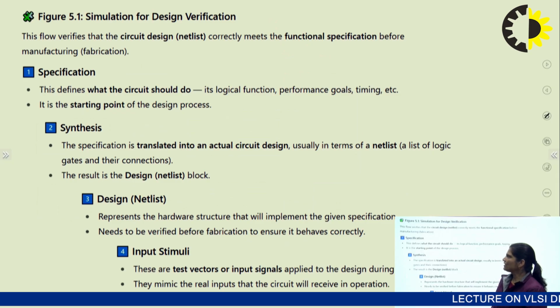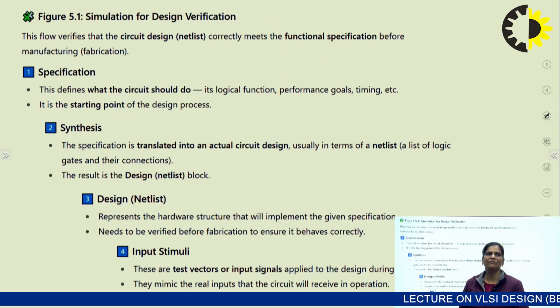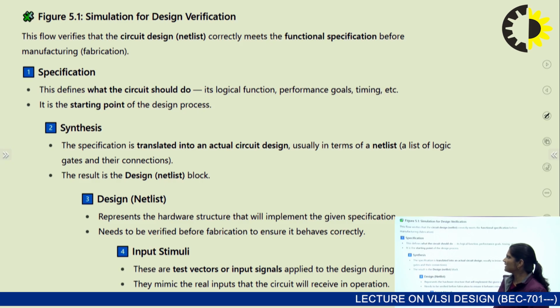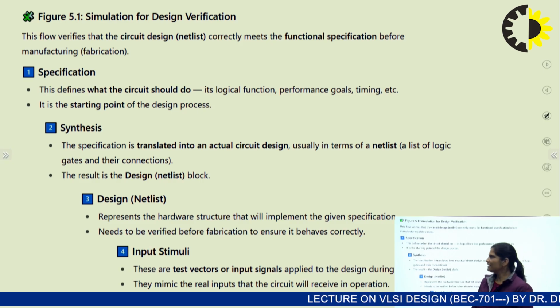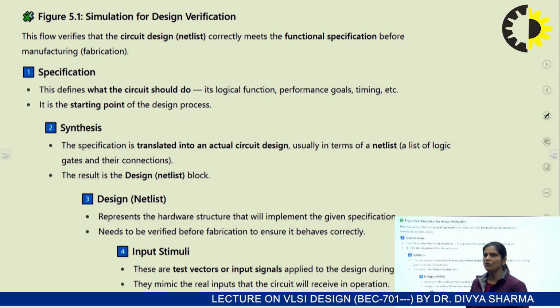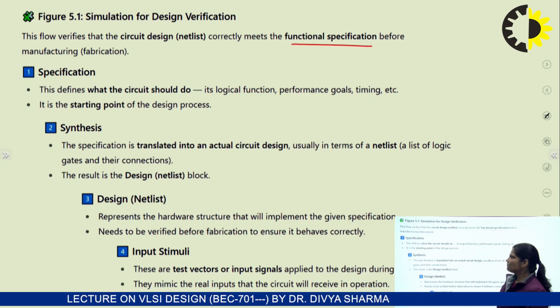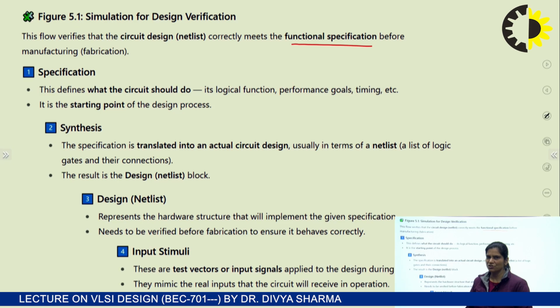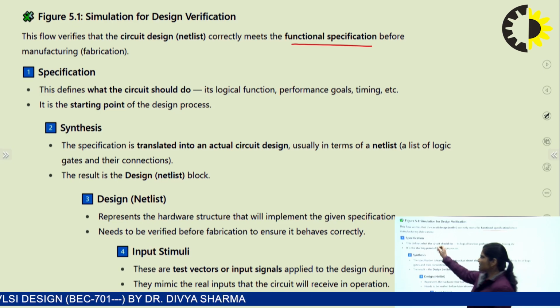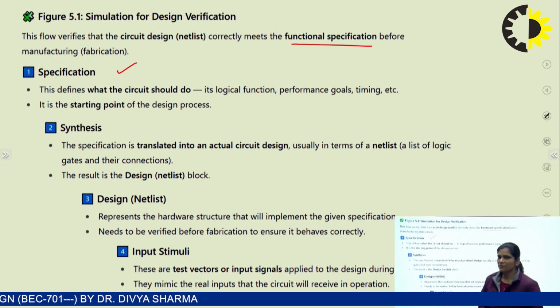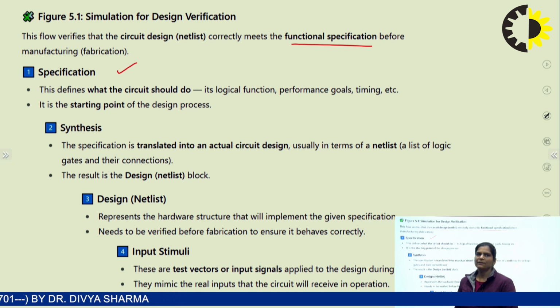Now here, what are the steps we have to follow when we have to verify the circuit design, or verify the netlist for any circuit or any logic implementation? We have to meet the functional specification before manufacturing the chip, or before the fabrication of the chip. So first is specification. Now in this step, this defines what the circuit should do.